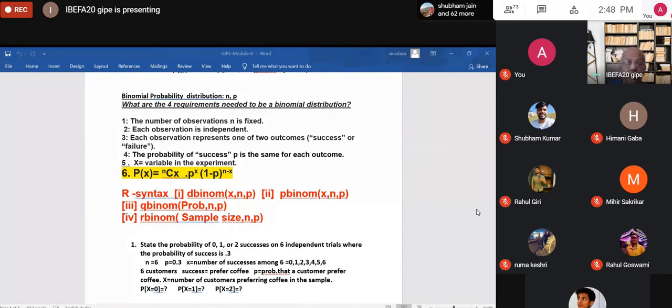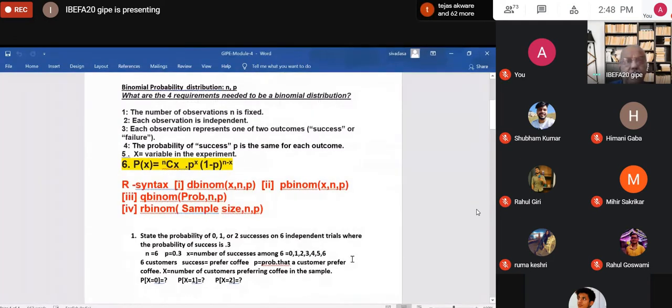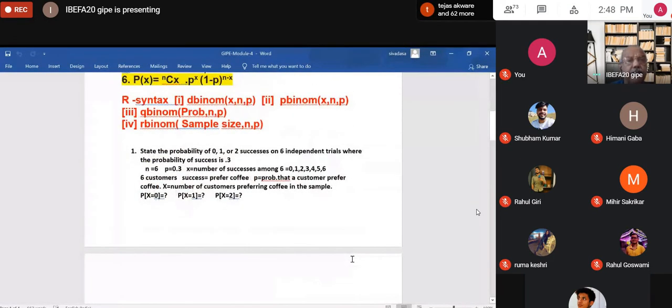So, let us see the first question. State the probability for 0, 1 or 2 successes in 6 independent trials where the probability of success is 0.3.